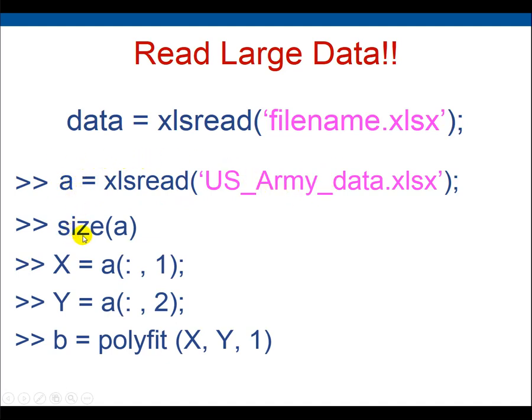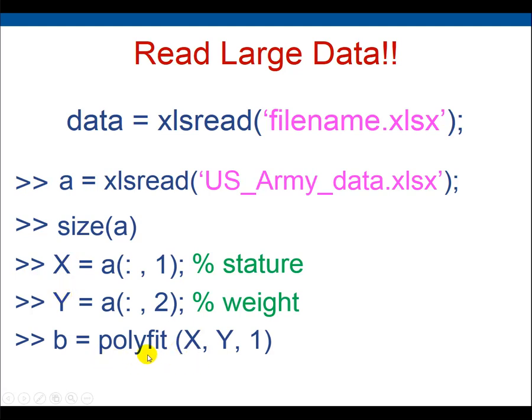We can always check the size of the matrix A, and A's first column has all the data. Let's put that data into the X variable. The first column is stature anyway. The second column is weight. So we want to put all the data in the second column into Y. So we have X and Y. What is this one?